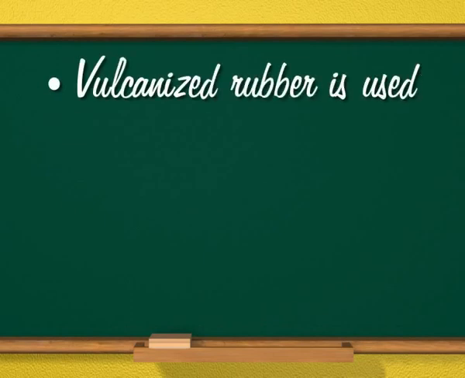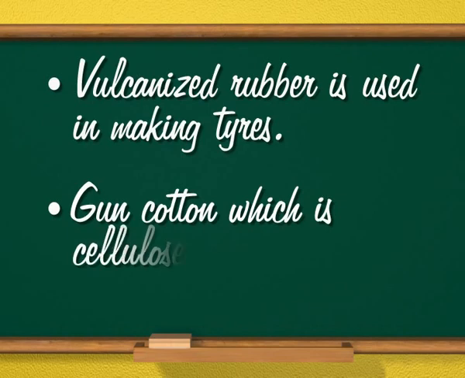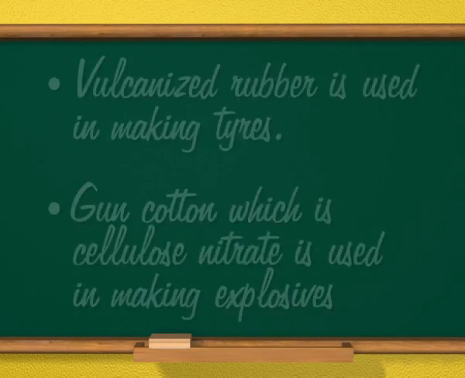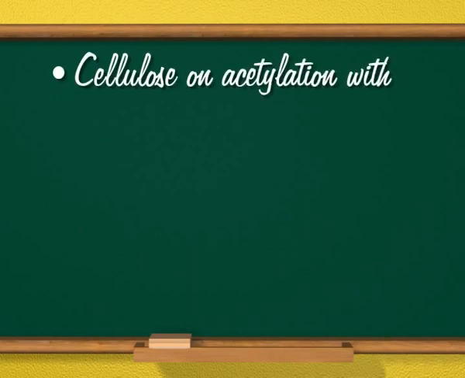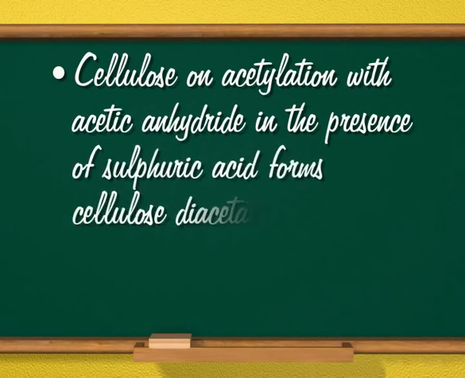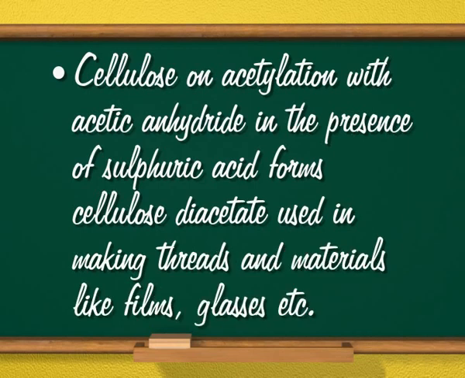Vulcanized rubber is used in making tires. Gun cotton, which is cellulose nitrate, is used in making explosives. Cellulose on acetylation with acetic anhydride in the presence of sulfuric acid forms cellulose diacetate used in making threads and materials like films, glasses, etc.